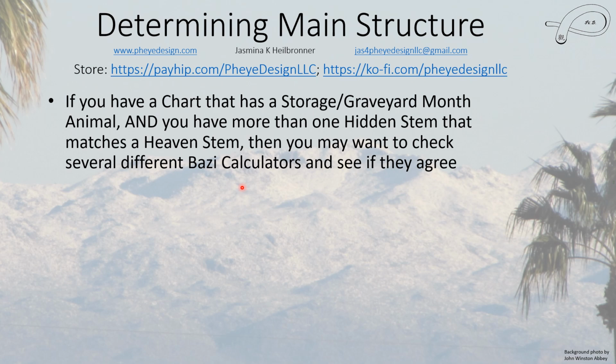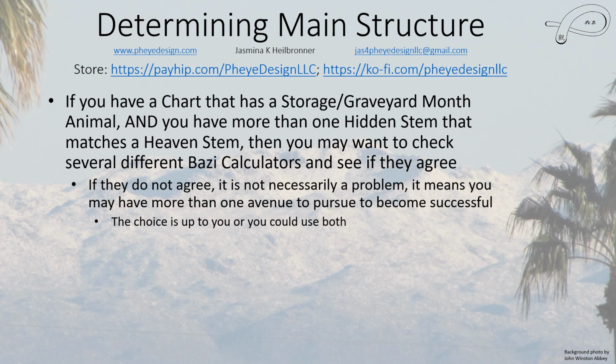So if you find that when you look at it, you do have one of the storage animals, the dog, the dragon, the goat, or the ox, as your month animal, and you have more than one hidden stem that matches one of your heaven stems, I would say you probably want to check several different BaZi calculators to see if they agree.